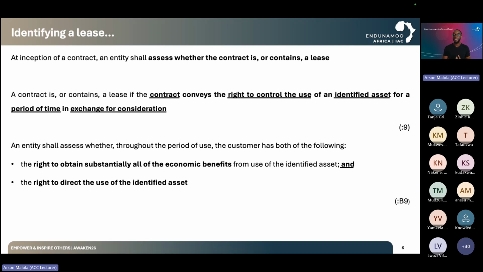But from a critical reading perspective, it's always important to keep your mind open to the question of, is this thing a lease? In other words, am I going to read anything as I continue that's going to either further confirm or take away from my assumption that this contract is a lease?